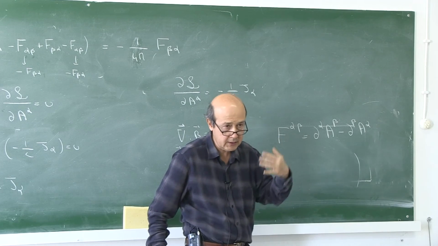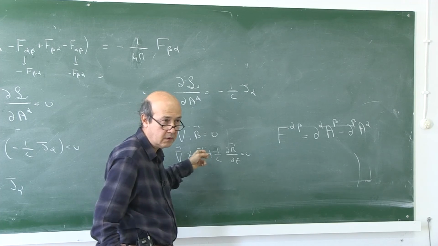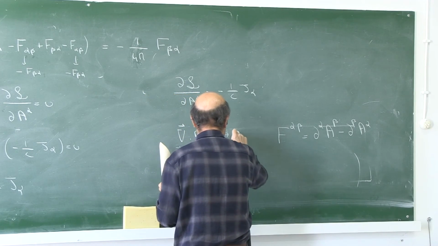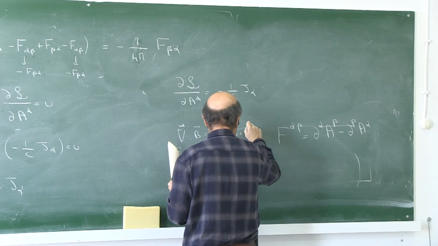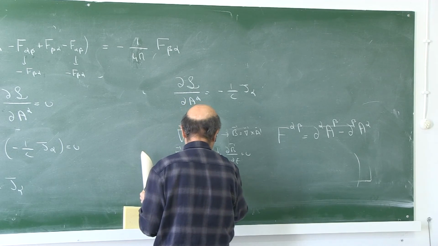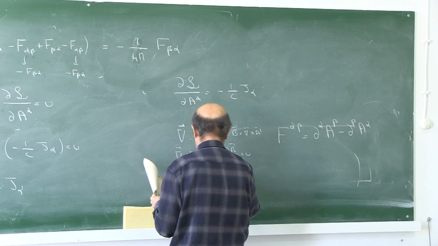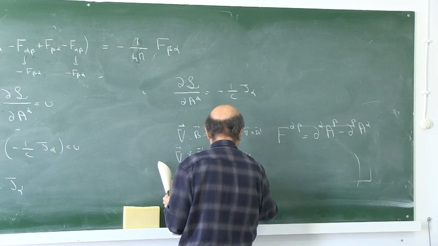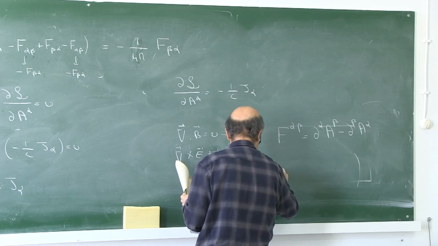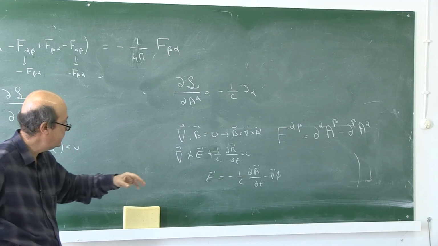How do we obtain this? From these two. We obtain B as a curl of A, and the electric field, if you plug in B as a curl of A, you will find that the electric field is minus 1 over C del A over del T minus the gradient of the scalar potential.